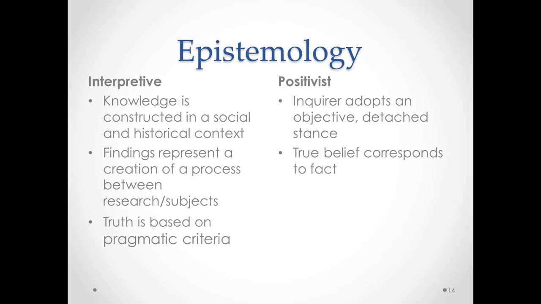And I particularly like that phrase that knowledge is historical and socially constructed, because as an interpretive thinker, I do very much believe that there are things that we know now that we didn't know, and that the facts and information that we have now are very much influenced by the historical and social context in which we exist.